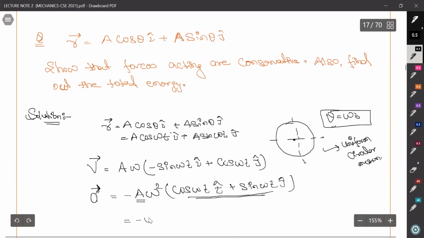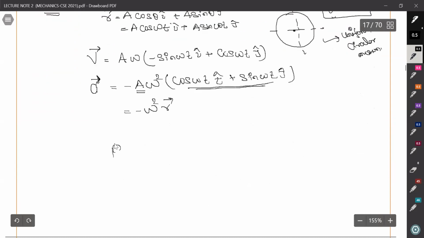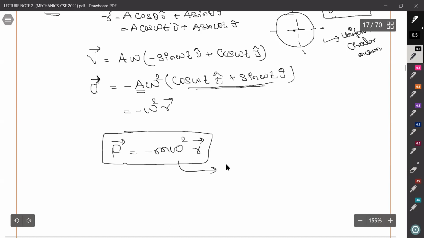So it will be minus omega square r vector. So if we write down the force, this is minus m omega square r vector. And we know that this is a central force. We have already discussed, and central forces are conservative in nature.